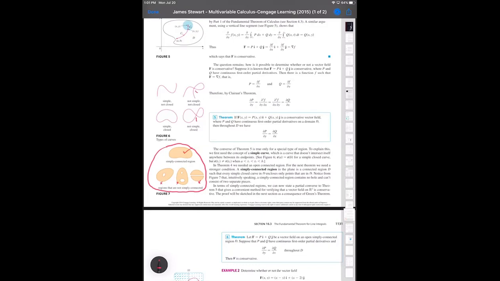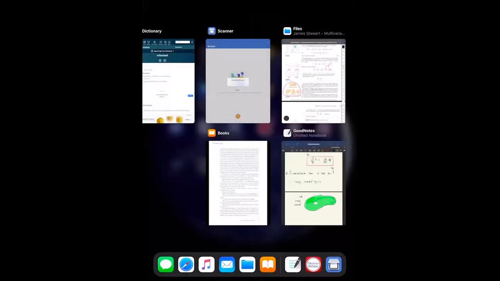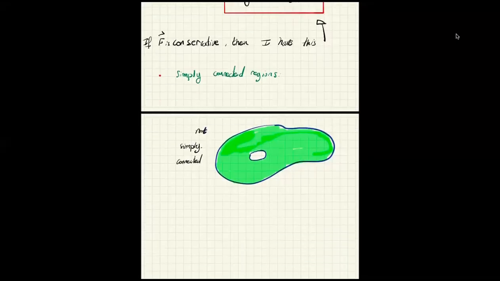So when it's not simple, it has other crossings. If it's a closed curve, you start with a point, and if it crosses itself again, then it's not simple. The only time it crosses itself is the first one. That's the terminology we're going to use.